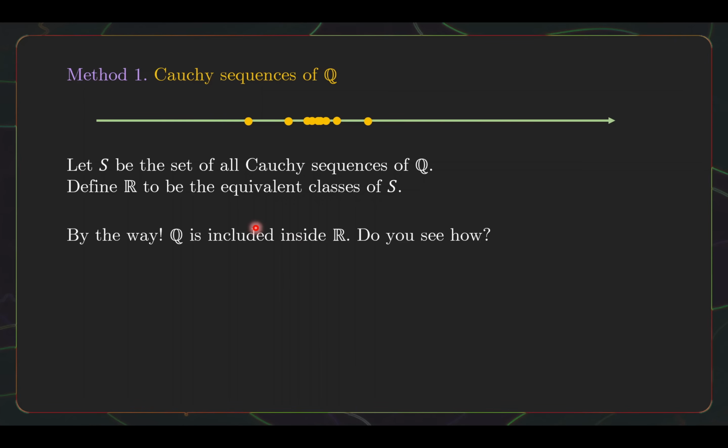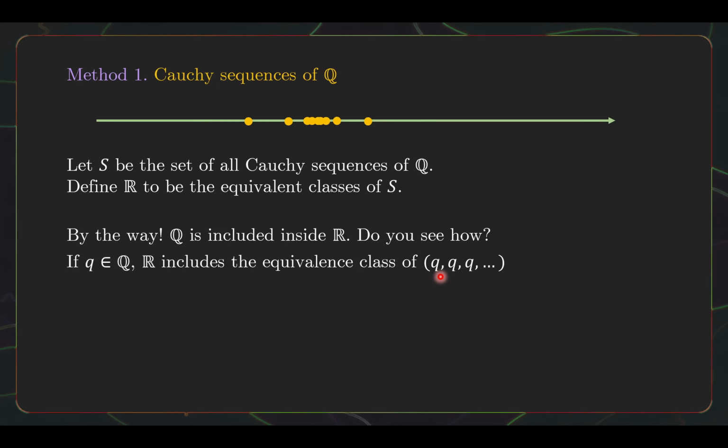Now, by the way, the rational numbers themselves are also included inside. It's not just the gaps between rational numbers. And do you see how? Well, this is because if, let's say we have a rational number q, then we can look at the sequence q, q, q, q. This is a valid sequence because all these are rational numbers.